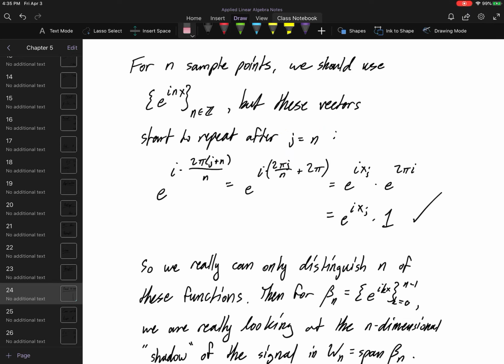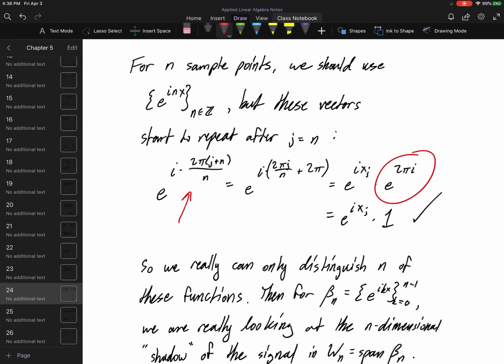Specifically, when j is equal to n, notice what happens. I wind up with this particular frequency here, and there should be an x in there as well. So I'm dealing with a specific frequency here: e to the i times 2 pi j plus n over n x.